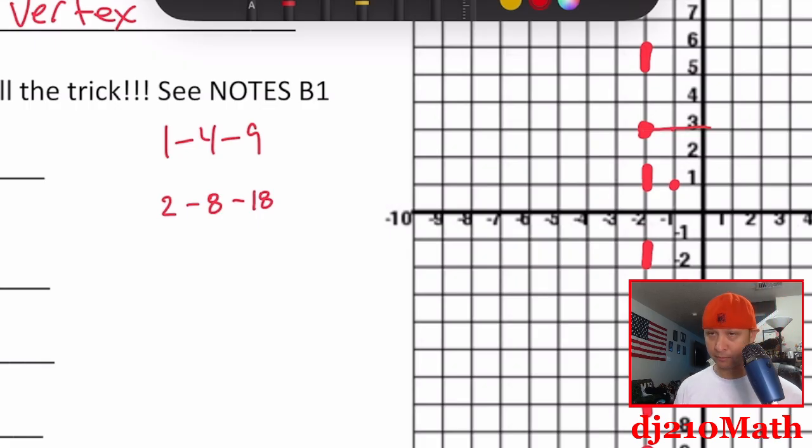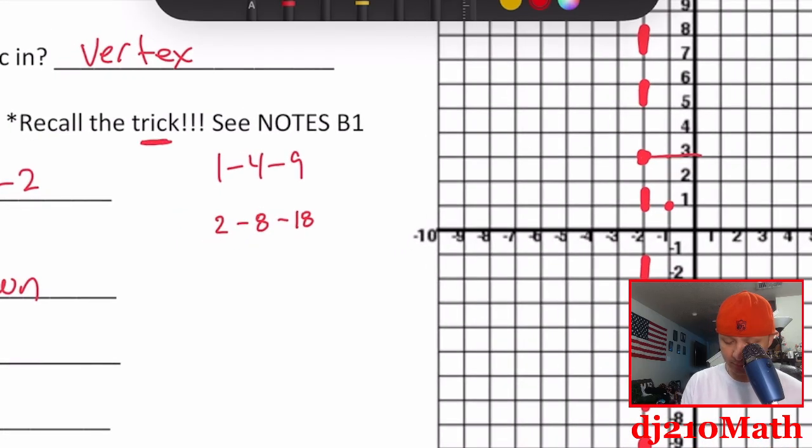So you might have to rewind that a couple times. But 1, 4, 9, that's the trick it's referring to. Whatever distance you go over, 1 squared is 1, that's how much you go down. You go over 2, 2 squared is 4, that's how much you go down. But that works when a is 1. When a is 2, it's basically the same thing, you're just doubling those numbers.